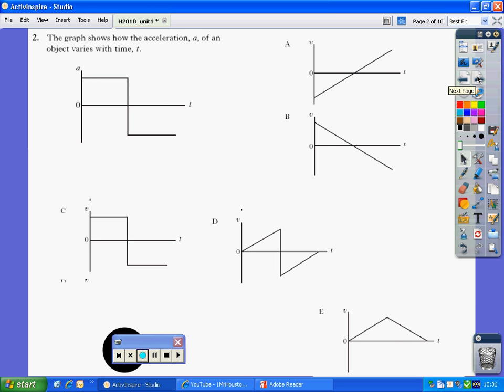In the second question, you're really trying to say which is the matching velocity-time graph. The gradient of a velocity-time graph gives you the acceleration. So we're looking for a velocity-time graph where the first section has a positive gradient and the second section has a negative gradient.